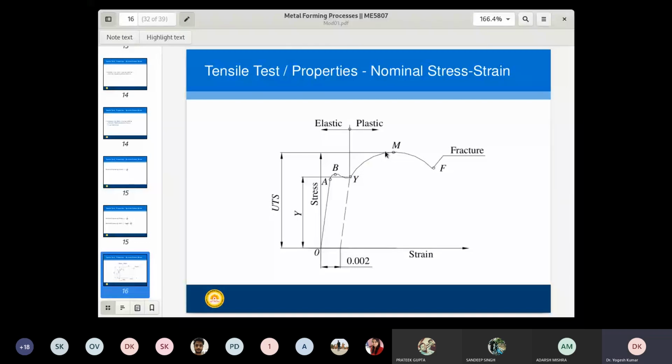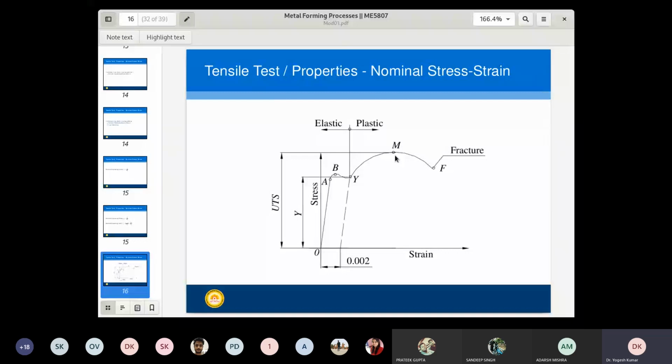For metal forming processes, which region do we have to choose for deforming a metal workpiece? We have to choose the region between Y and M, between the yield point and ultimate tensile strength. This point is called ultimate tensile strength.